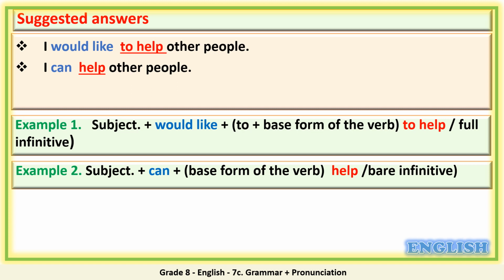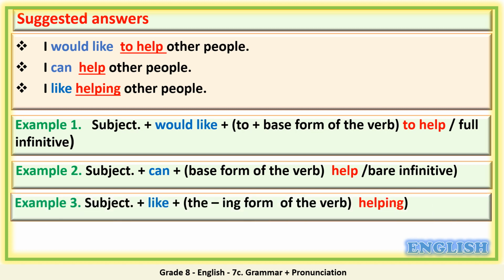As for sentence 3, I like helping other people. This sentence starts with the subject I plus the verb like, which is followed by the ing form of the verb helping, and this is going to be the main focus of our lesson, so kindly follow me carefully.